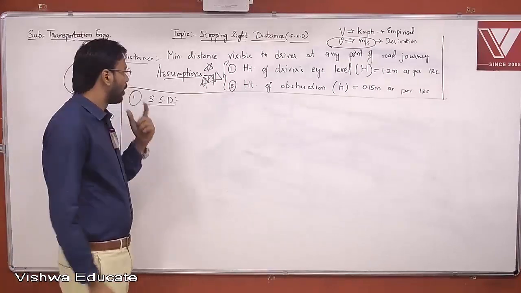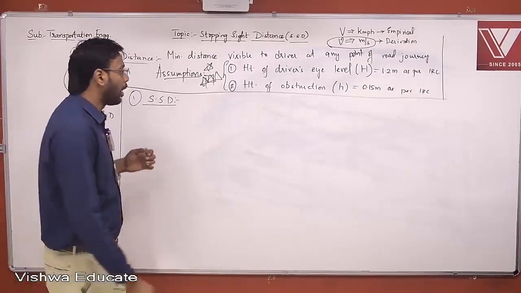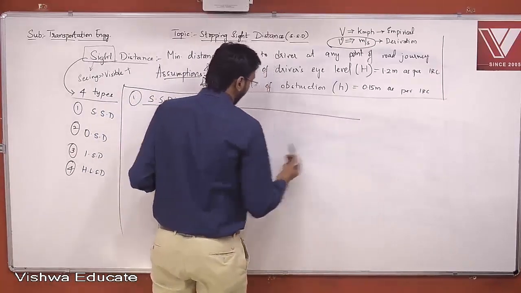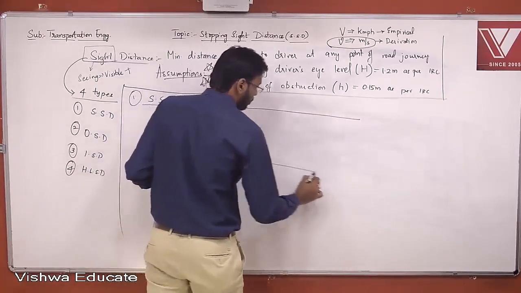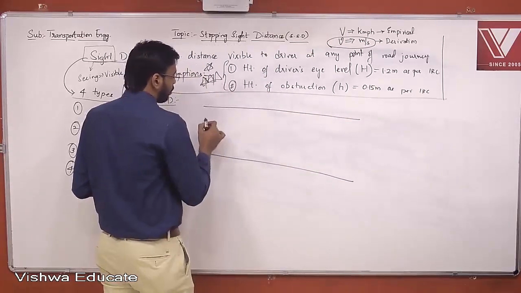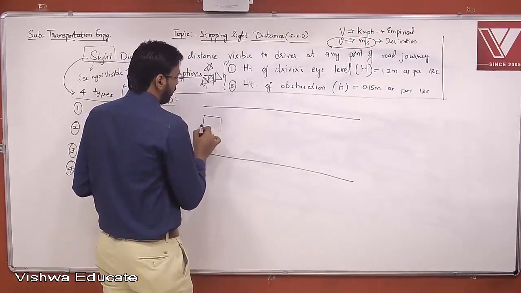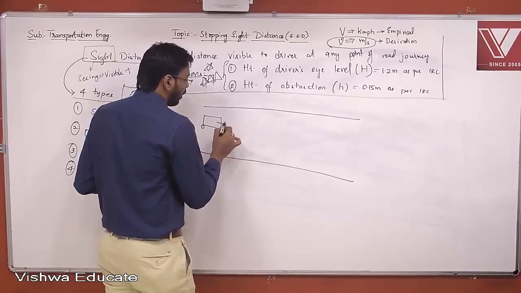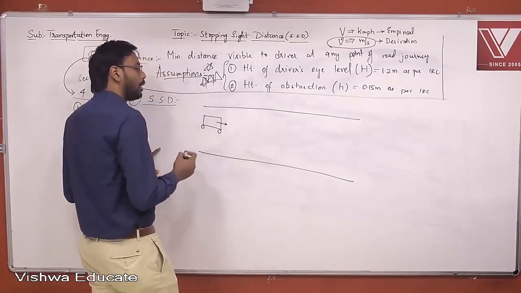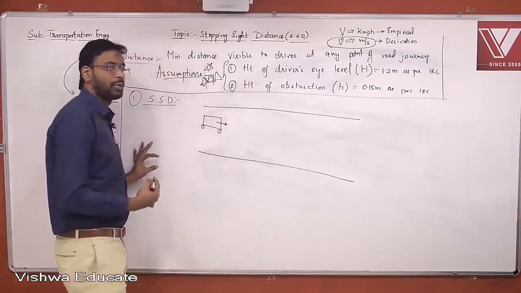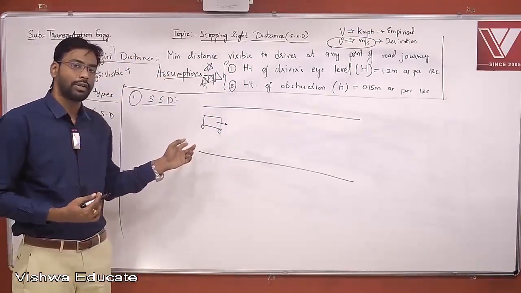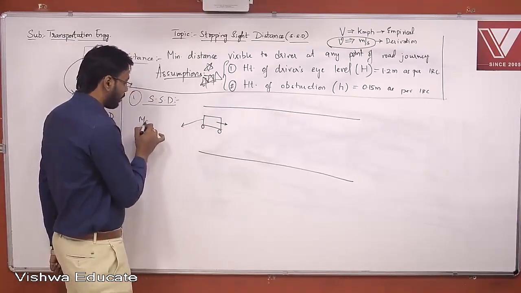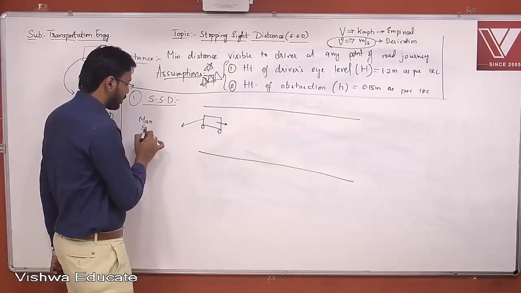Okay, so let me take a figure here and see. There is a vehicle moving on this road. Let us assume that this vehicle is traveling at maximum speed.